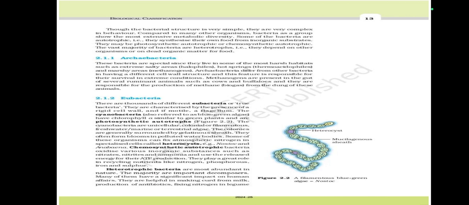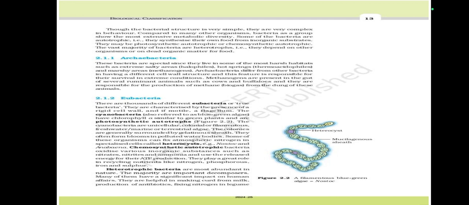Archaebacteria. These bacteria are special since they live in some of the most harsh habitats, such as extreme salty areas (halophiles), hot springs (thermoacidophiles), and marshy areas (methanogens). Archaebacteria differ from other bacteria in having a different cell wall structure, and this feature is responsible for their survival in extreme conditions.